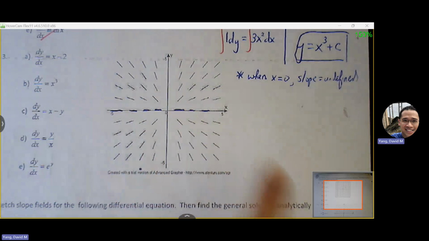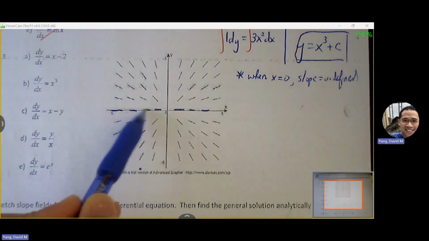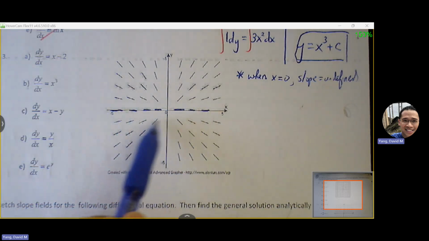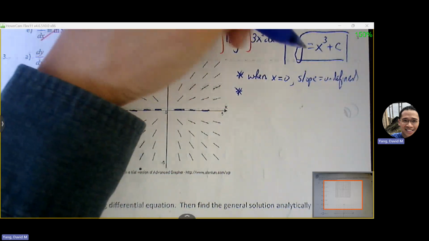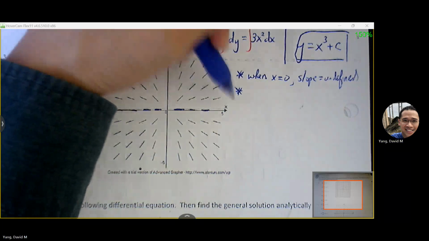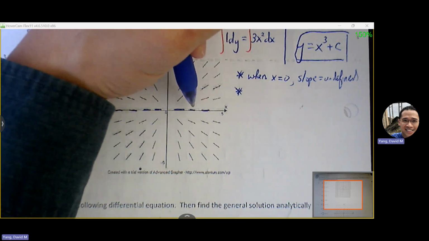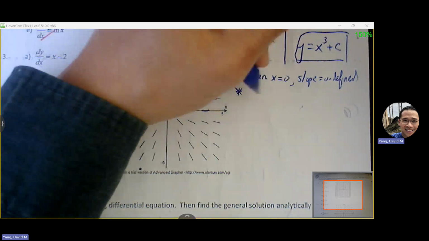So sometimes we don't want to make assumptions with the x-axis. If we don't see a diagonal slope coming out of it, just be aware that it could mean that slope is 0 or a slope undefined. So we'll put the note there, but we need to leave room for flexibility because we don't know exactly what's going on there.